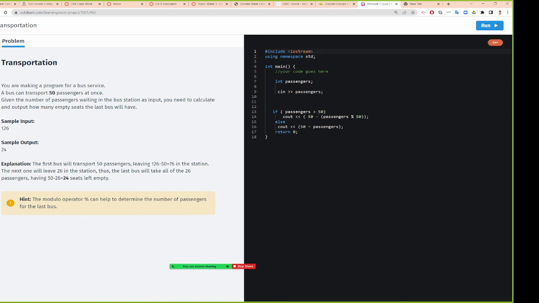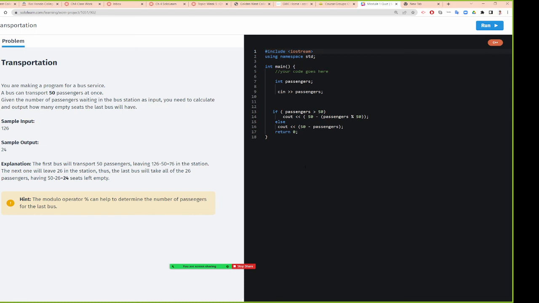So mod by 50. Why mod? Because we want to see the remainder, right? See who's left. Else, 50 minus passengers.